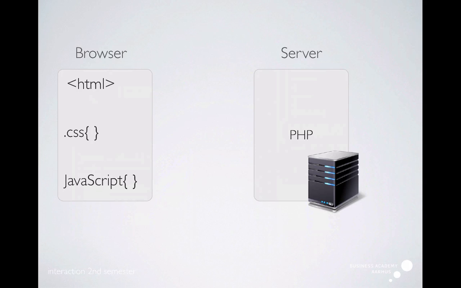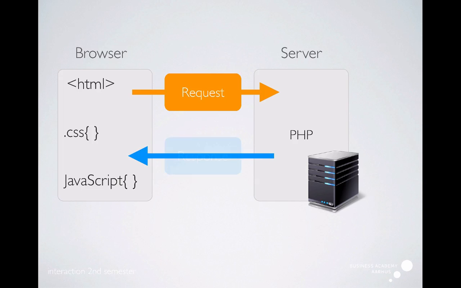So the communication between the browser and the server goes something like this. You have perhaps an HTML page in the browser which sends a request. The request for a page, or a request that involves some data, so the server can send something back, or the server can do something with this request.